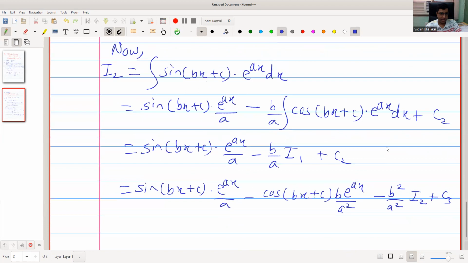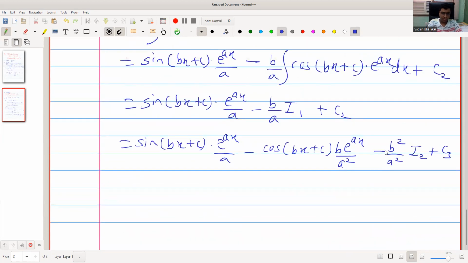Now what is our left hand side? Left hand side is I2. So I2 is written in terms of I2. Okay, so what we do? We add b square by a square into I2 in this equation on both sides. Okay, so that our left hand side is 1 plus b square by a square into I2 equal to these terms.